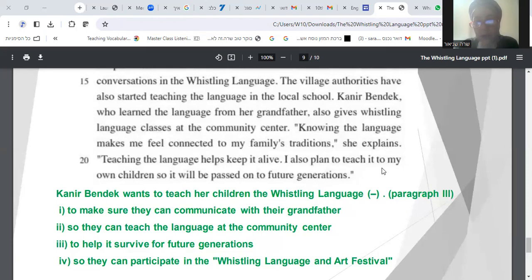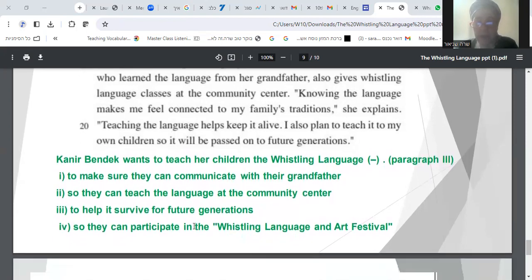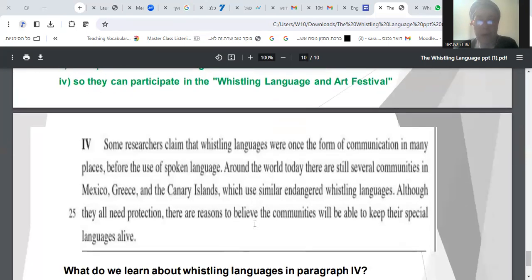Teaching the language, I can also teach it to my own children, so בכדי it will be passed on. השפה, כדי שהשפה will be passed on, תועבר. עכשיו, אם השפה תועבר, אז היא לא מדברת על הקשר של הילדים שלה. בסדר? So it's to help it, לעזור לשפה, survive for future generations, לעזור לשפה לשרוד במהלך הדורות הבאים. So C, number 3 is the answer. Now we're going on to paragraph D.